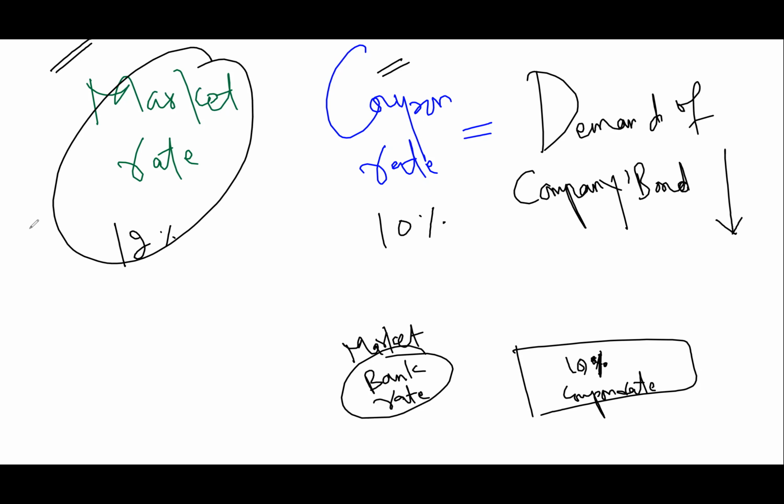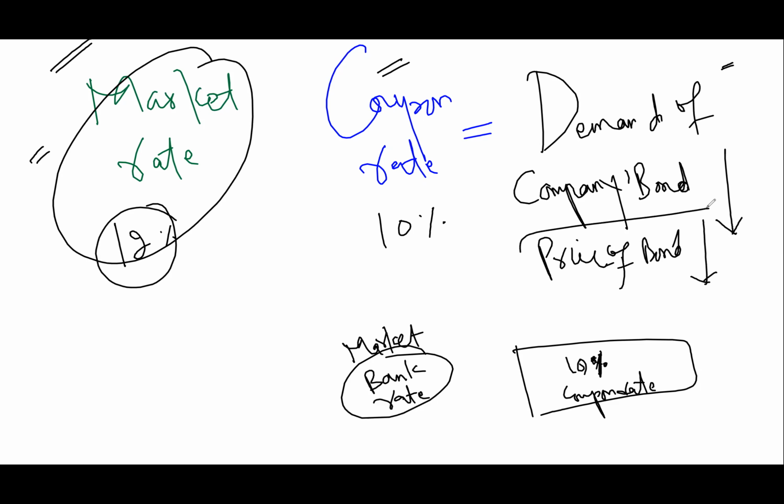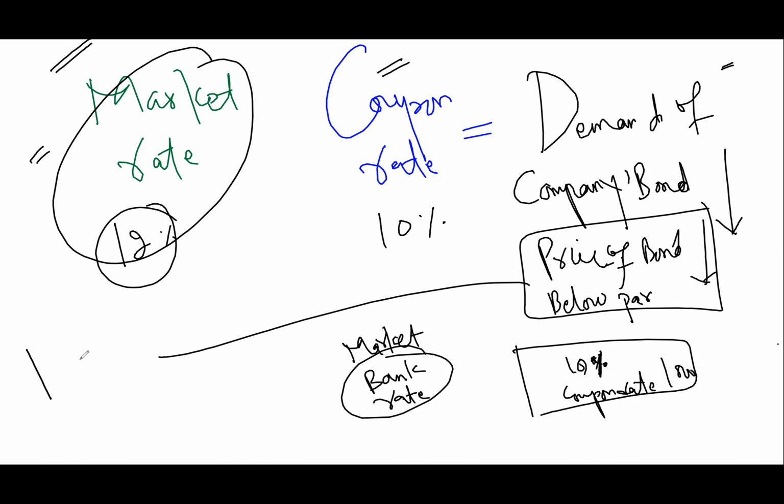So people sell the bond and take that money and invest in the market to earn that 12%. In that case, the price of the bond decreases. When the price of the bond decreases below the par, meaning its original value, 1,000, we call that the bond is now selling at a discount.